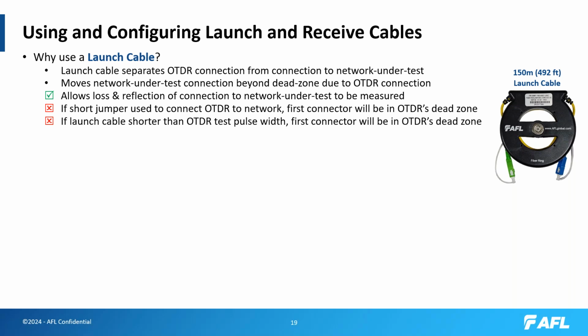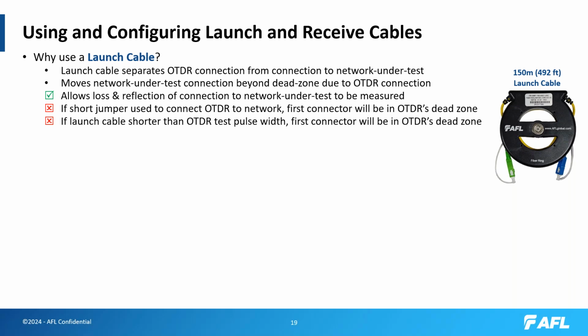We used to recommend much longer launch cables before we offered multi-pulse acquisition. So if you were testing a very long network, let's say, a 60-kilometer network in the outside plant, then you might need a 500-meter, 1,000-meter launch cord. Now with smart auto capability, we'll test the network close to the OTDR using narrow pulse widths.